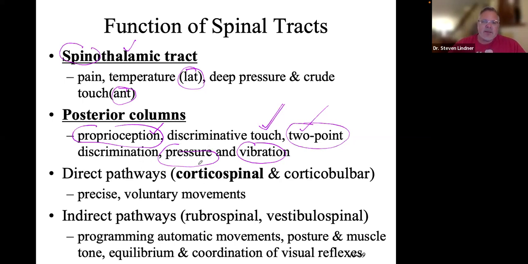Okay. The corticospinal tracts, which are known as the pyramidal tracts, are also known as direct pathways. These are controlling precise voluntary movement.